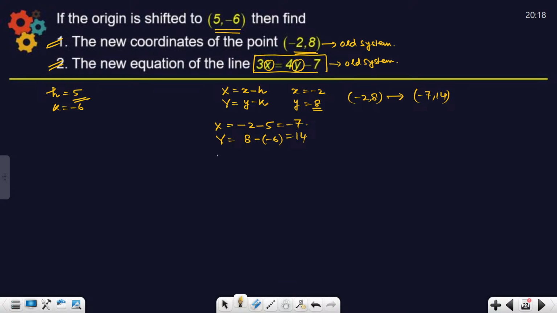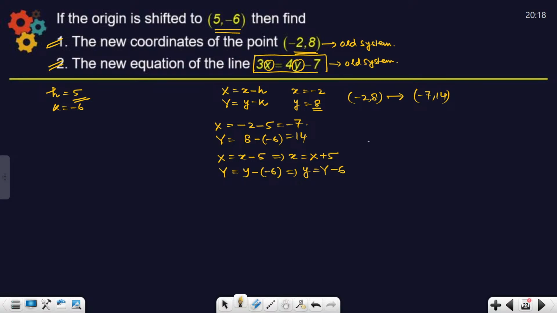Okay? Your capital X is what? X minus h, and h is 5 over here. So your small x is basically capital X plus 5. And we are having y equals y minus of -6. That is, small y is equal to capital Y minus 6.